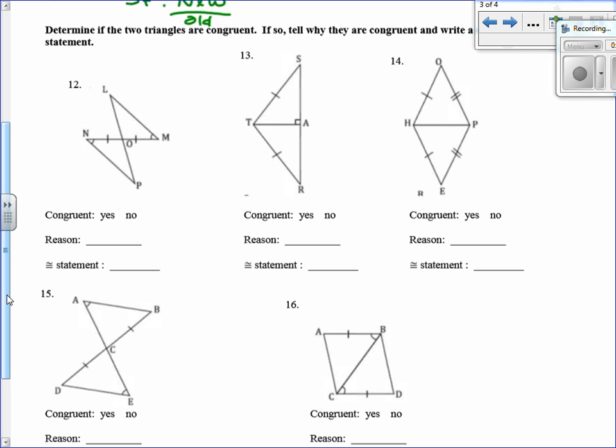Come on, guys. What's the first thing you must always do before you have to label? You have to mark the sides. And what are the fancy terms, by the way? SSS. Okay. Right.